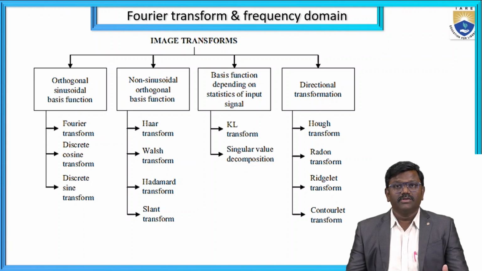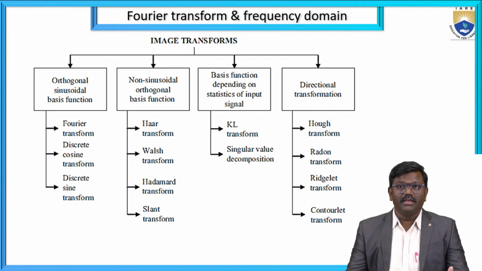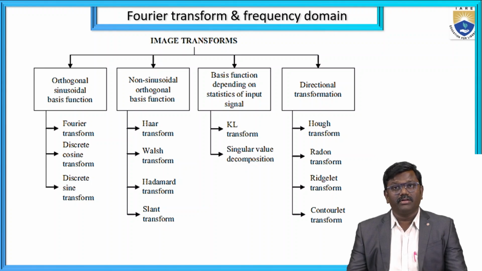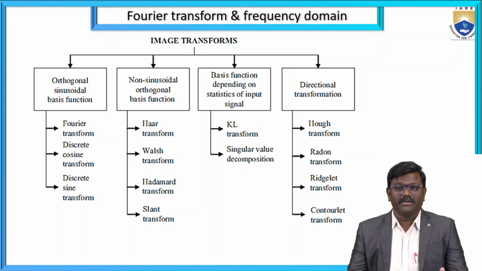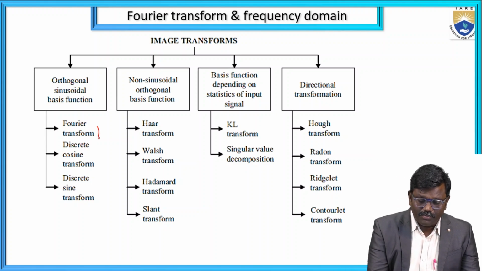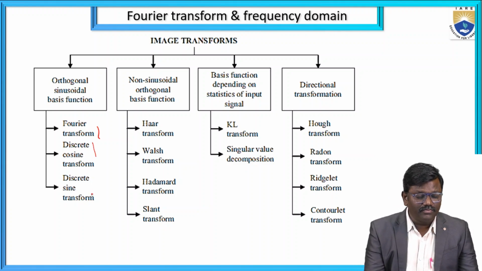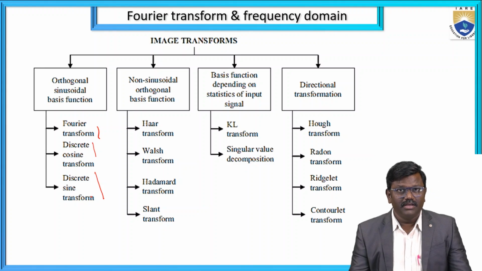Number two, non-sinusoidal orthogonal basis function. Number three, the basis function depending on statistics of input signal, as well as directional transformation. If we go into detail about each one separately, in this image transformation we concentrate not only on Fourier transformation but also discrete cosine transformation and discrete sine transformation as well.